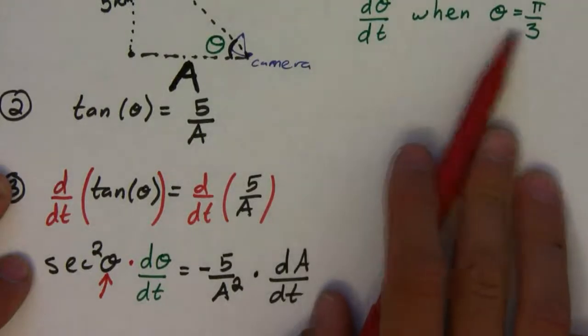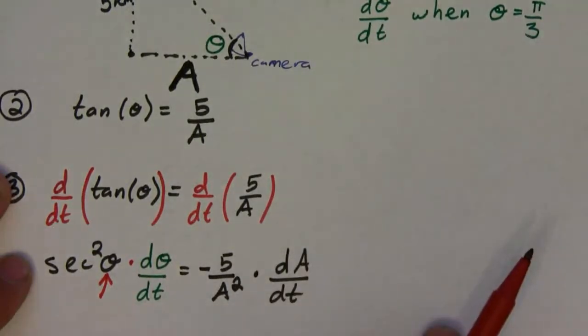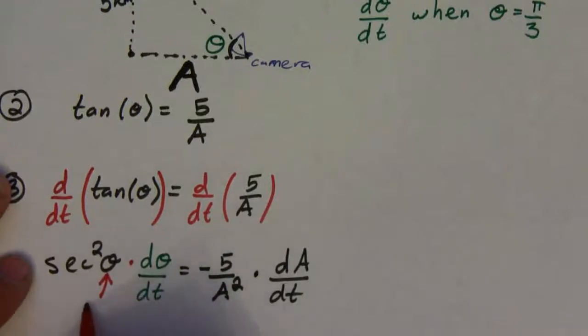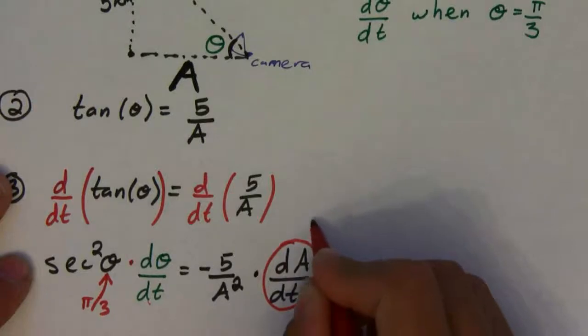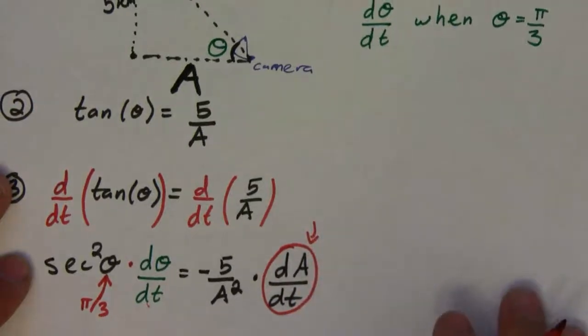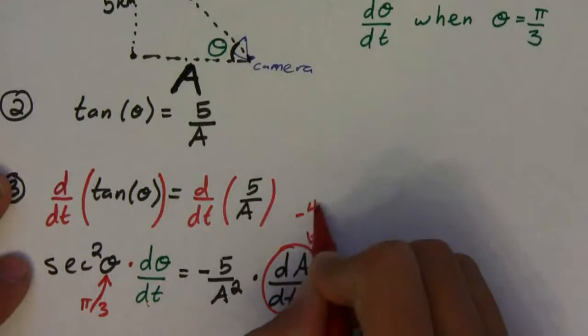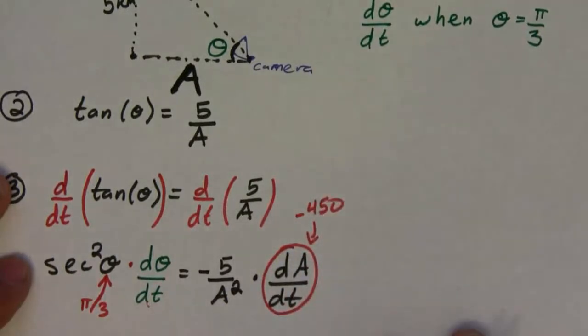So it's exactly when theta equals pi over 3. So when theta equals pi over 3, that means I can plug in pi over 3 here. d theta over dt, this is the one that I'm looking for, so I'm going to leave it alone. dA over dt, I know what that is. That is negative 450 kilometers per hour.